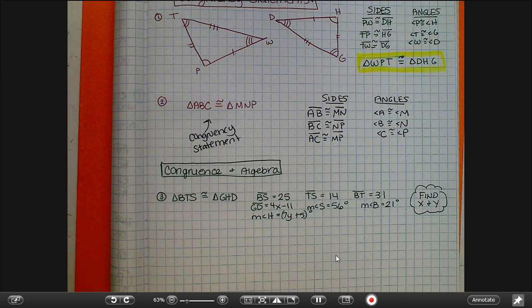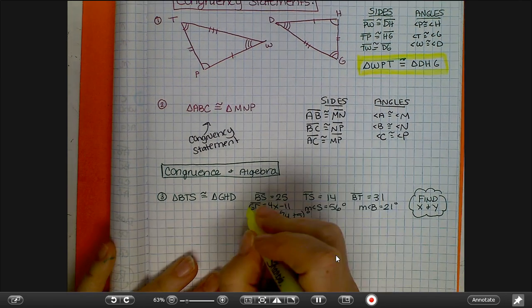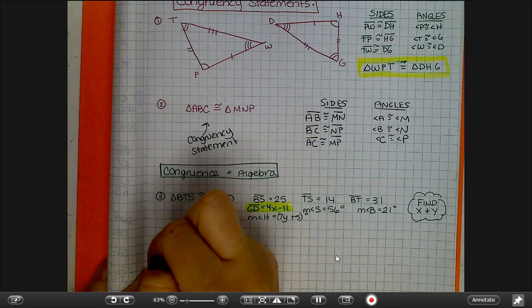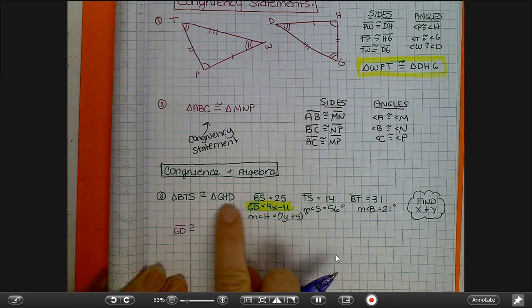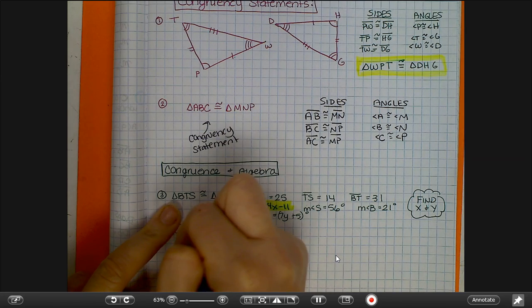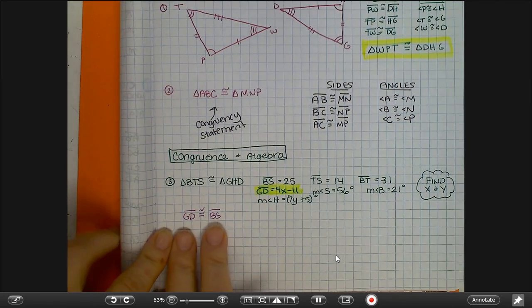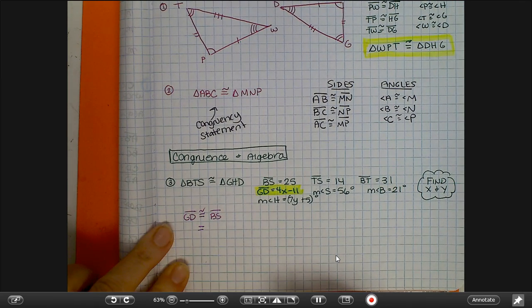So I'm going to tell you the strategy that I use. Here's my X. My X is way over here with GD. So I'm going to start with GD. GD is congruent, first and last letters, to BS. Hey, that works perfectly. Those sides are congruent, which means their measures are equal.